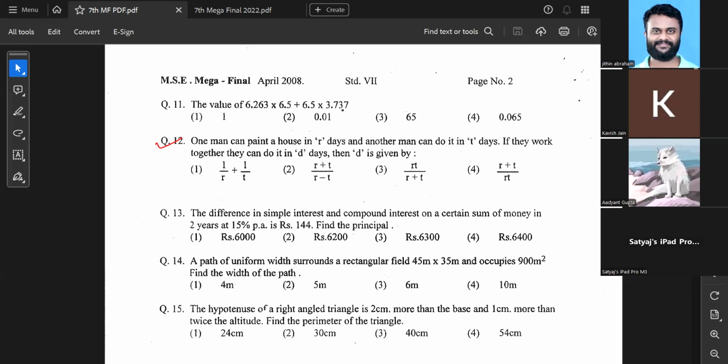Okay, can I tell the way I did it? Yeah, Sharvi. So what I took was, R takes 24 days to complete the work, and T takes 12 days to complete the work.